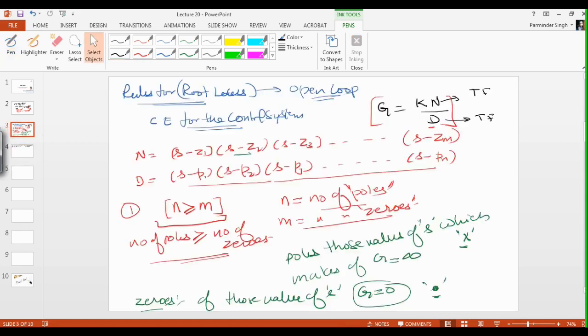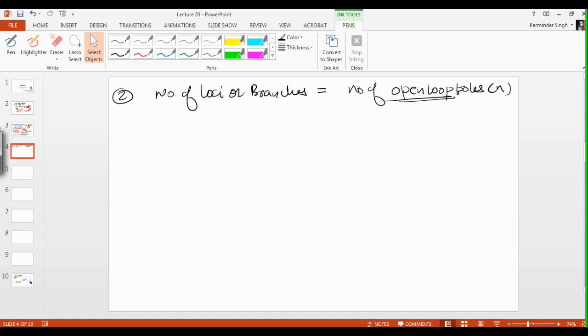So if there are, let's say, 3 poles, like s minus p1, s minus p2, s minus p3, now obviously we are dealing with the open loop transfer function. So if there are 3 open loop poles, the number of loci will be equal to 3. So just remember that this is rule number 2.